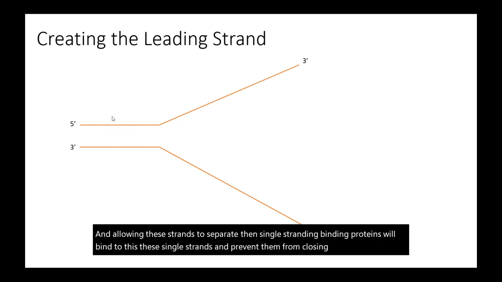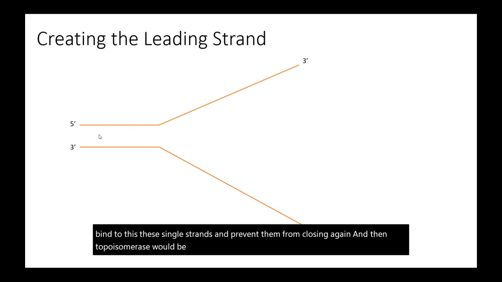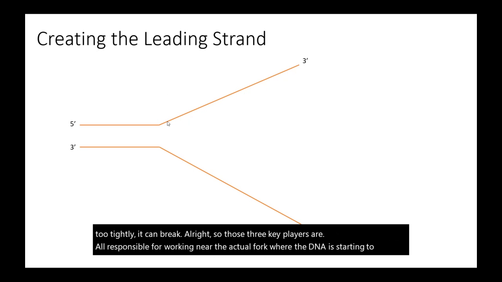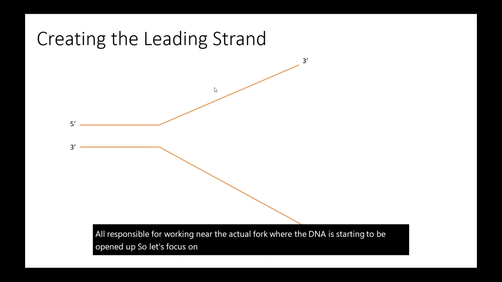And then topoisomerase would be somewhere down here in the closed region, making sure that this DNA doesn't get wound up too tightly, okay? Because if it does get wound up too tightly, it can break, all right? So those 3 key players are all responsible for working near the actual fork where the DNA is starting to be opened up. So let's focus on the other key players now.